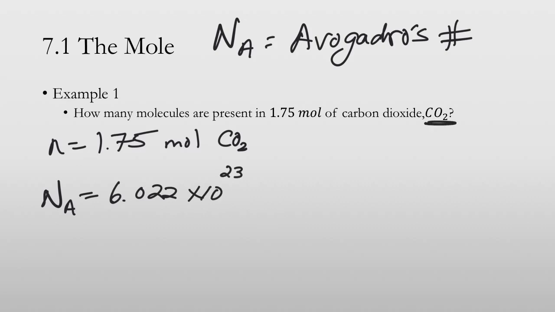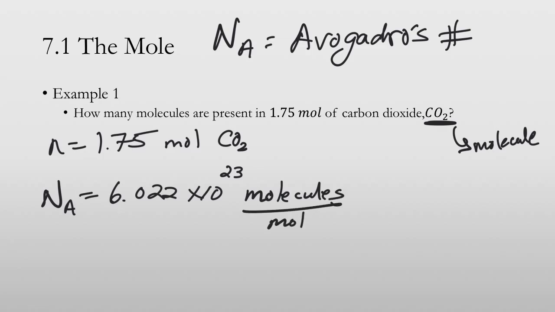And since we have CO2, this is a molecule. And so Avogadro's number will be 6.022 times 10 to the 23rd molecules per mole. Now the funny thing is that mole comes from the word molecule. Anyways, so what we can notice here is we've got moles and moles.